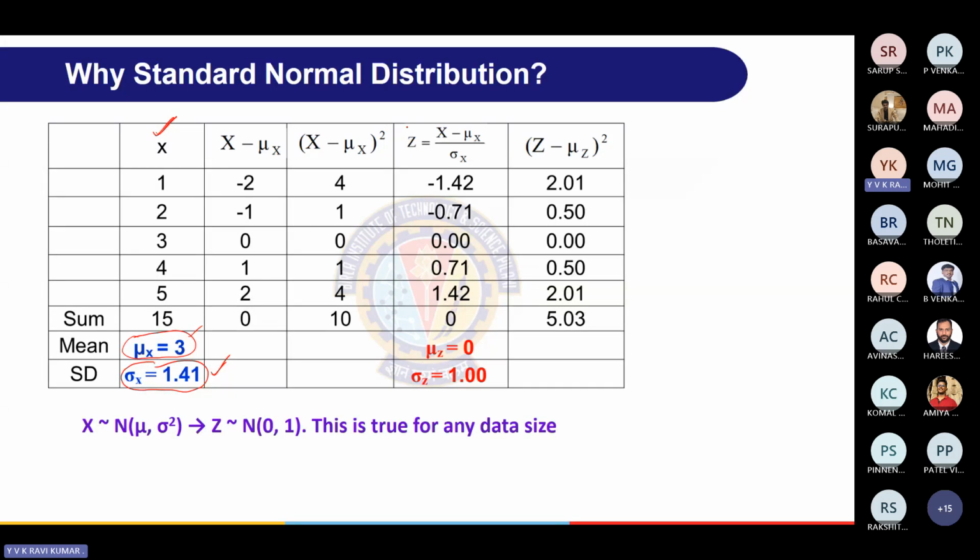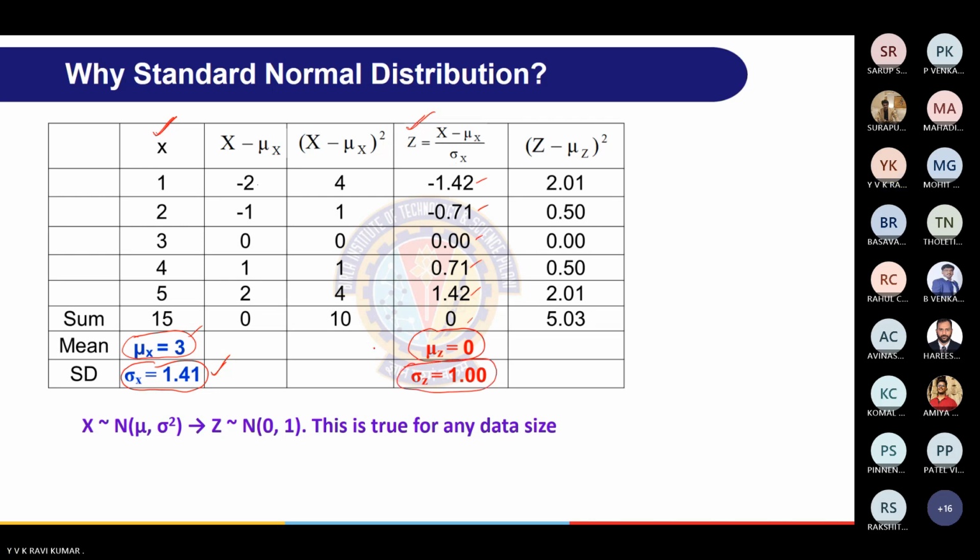So we have to find the mean and variance and do these computations, the transformation. So x minus mu x by sigma x, then these are the transformed values we get. And if we find the mean of these transformed values, we get 0 and standard deviation is 1.